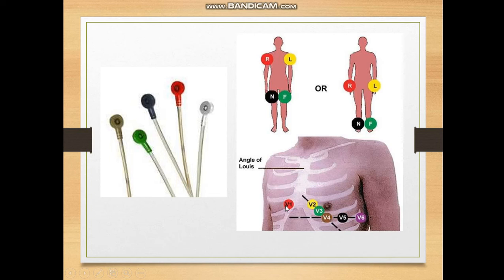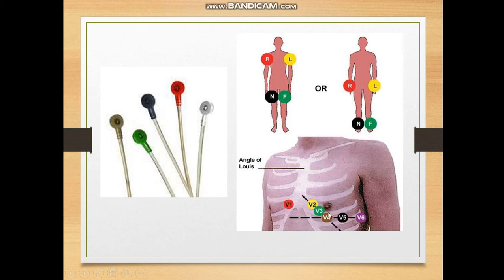V1 is close to the sternum on the right side, in the 4th intercostal space. And in the 4th intercostal space, in the same line, that is V2. V4 is placed in the mid-clavicular line in the 5th intercostal space.